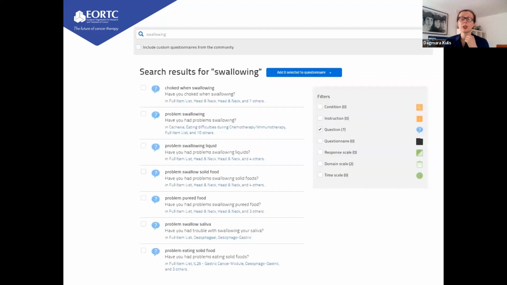And this way, we can also use the item library to see what questions we already have from other questionnaires. So that's a very simple thing. The issue can be input in the search box, and then we see all the questions that correspond to that issue, and we don't have to reinvent the wheel each time there is a need for a new question.